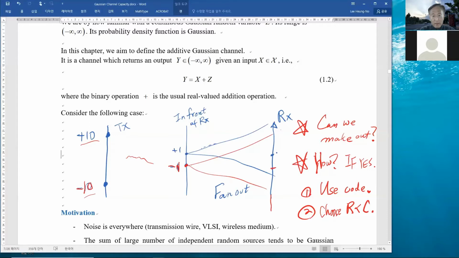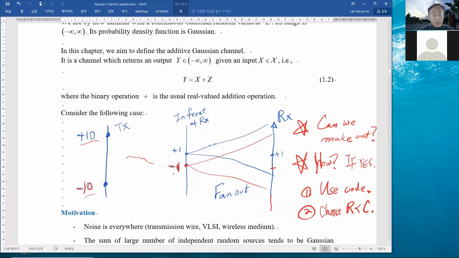Have a +1 here, and it could have large variance or large spread. And in terms of Shannon's language, Shannon described it as a fan. You're supposed to have this, but you have a fan of possible reception symbols like this. Okay, so just in terms of the picture, that's the fan, size of the fan.